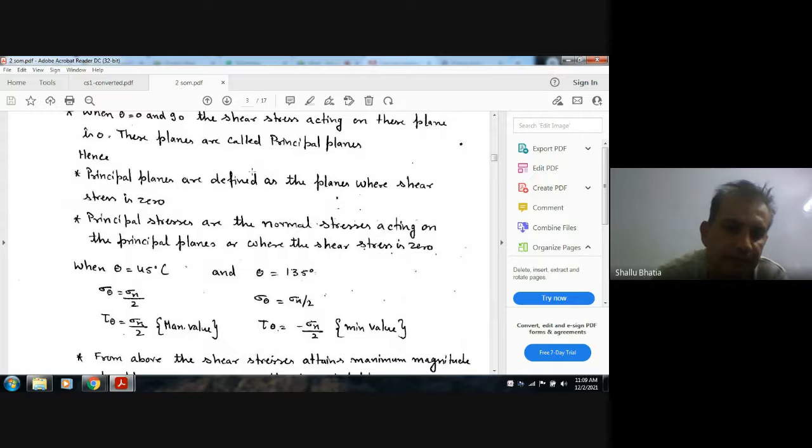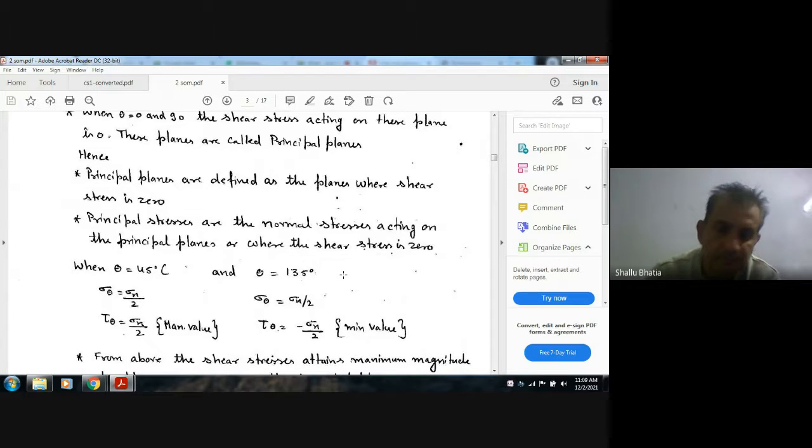At 135 degrees the shear stress is minimum. So this is the plane of minimum shear stress. We can say this is true for all the cases that we will discuss later.